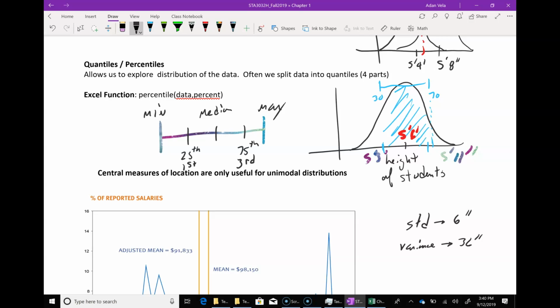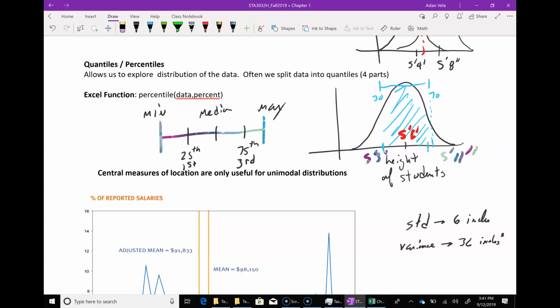So if I tell you the average height is 5'6", with a variance of 36 inches, actually not even 36 inches. What's the units on this? Inches squared. That's right. That doesn't really make sense.